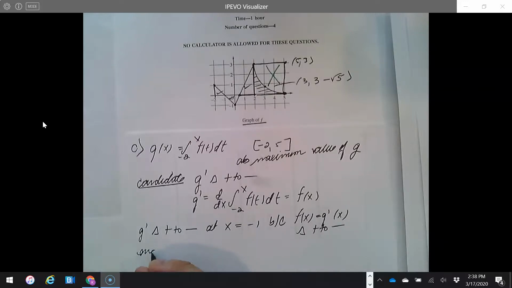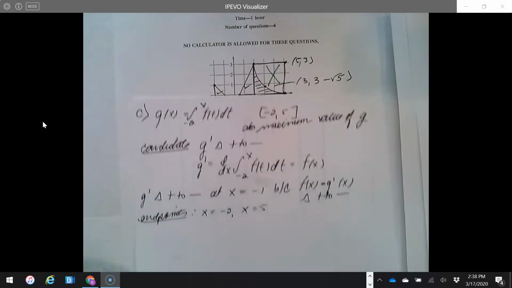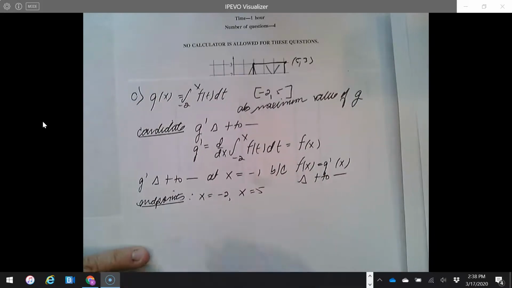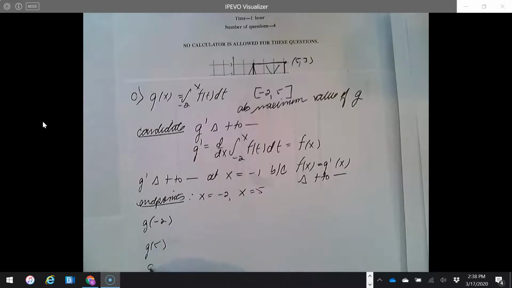I'm also going to evaluate my endpoints. Well, the endpoints are x equals -2 and x equals 5. What we're going to have to do is evaluate g at -2, g at 5, and g at -1.